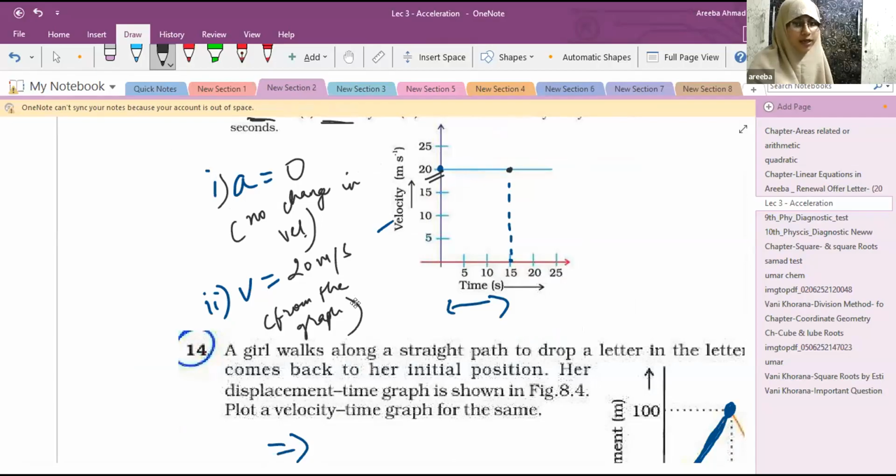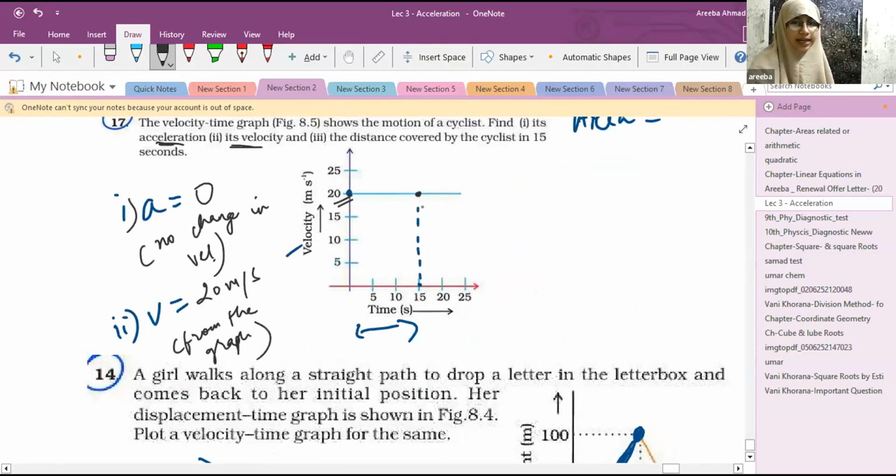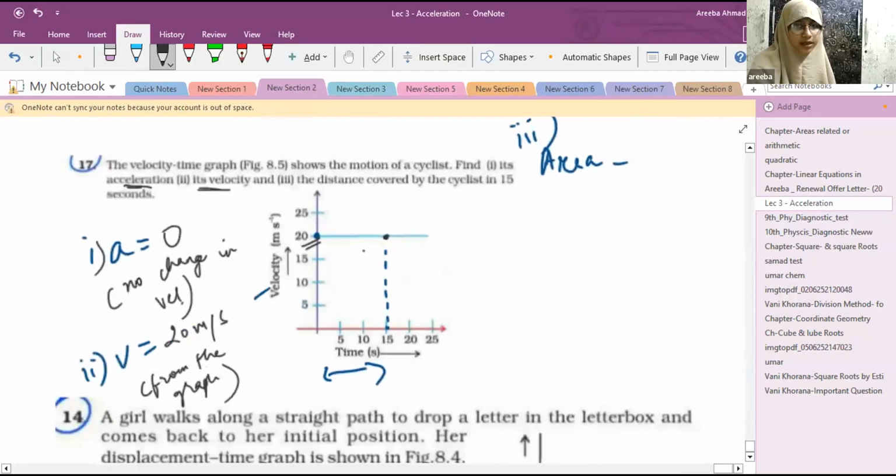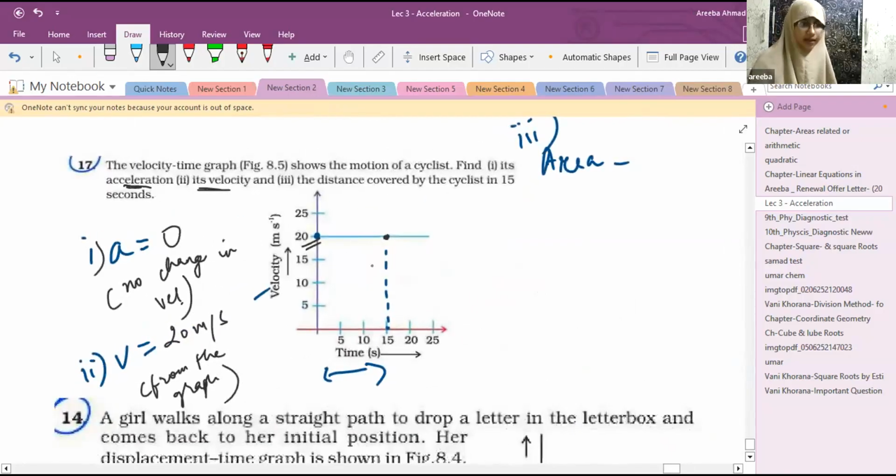Now the area, you have calculated the area also as 0. No, the area will give me the distance. So this all area will be the distance, right? I want to know till 15 seconds. See how I am calculating. Till here, don't you think a rectangle is being made?